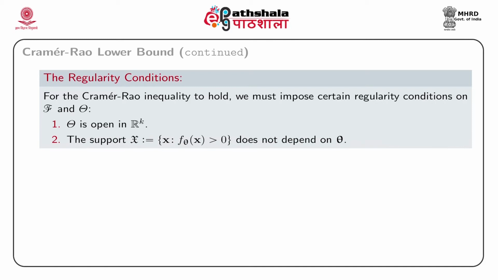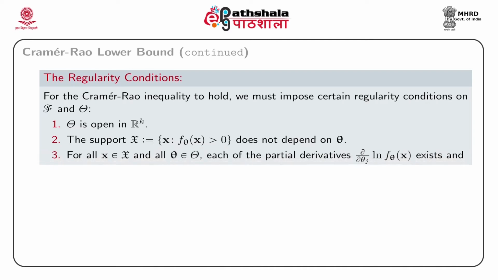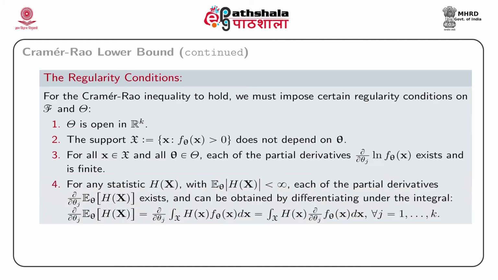Number 2. The support script X, which is the set of all x for which f theta x is greater than 0, does not depend on theta. Number 3. Del by del theta i log f theta x exists for all x and for all theta, i from 1 to k.